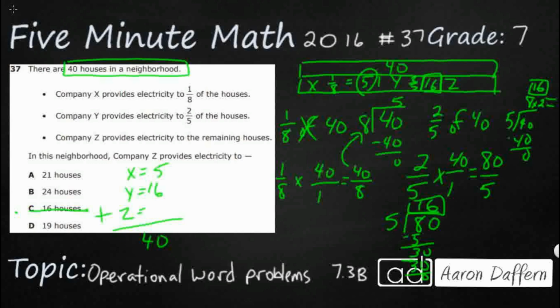So let's just add the 16 and the 5. That is going to be 21 plus something equals 40. Let's just go ahead and do a fact family. That's just 40 minus 21, and that is going to equal 19. Our answer is D.